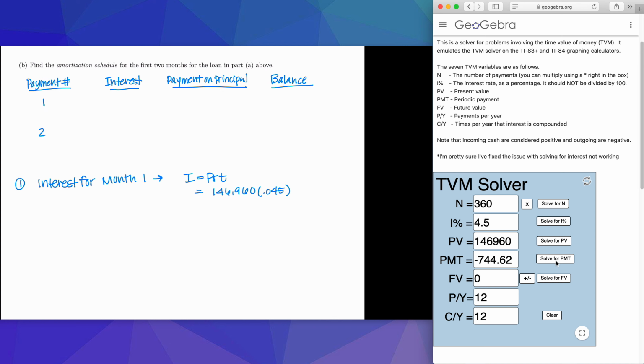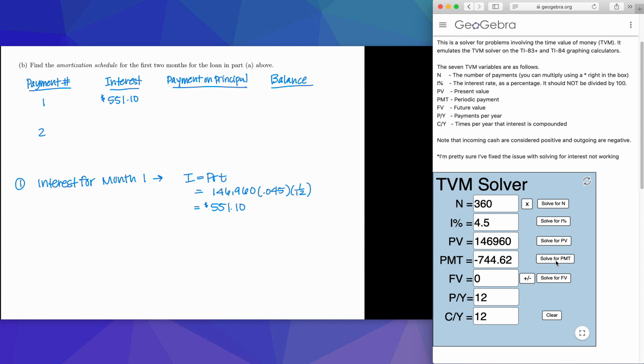And my time, well, it was 4.5% per year, but this is just 1 month, so it's 1/12 of a year. So I will multiply these things together. And I get $551.10. So my interest that first month is $551.10.